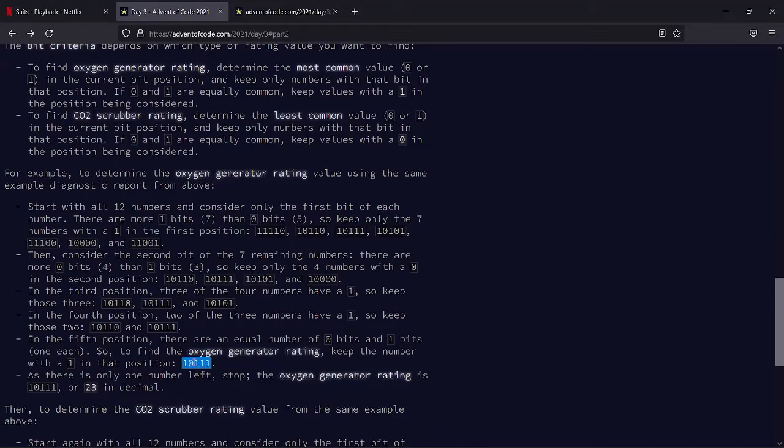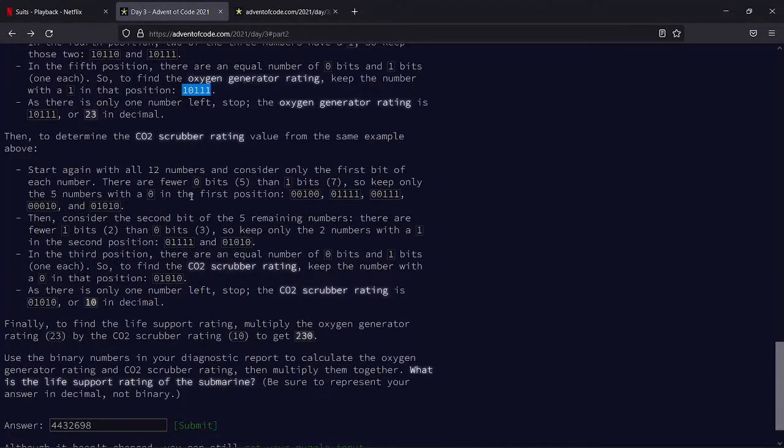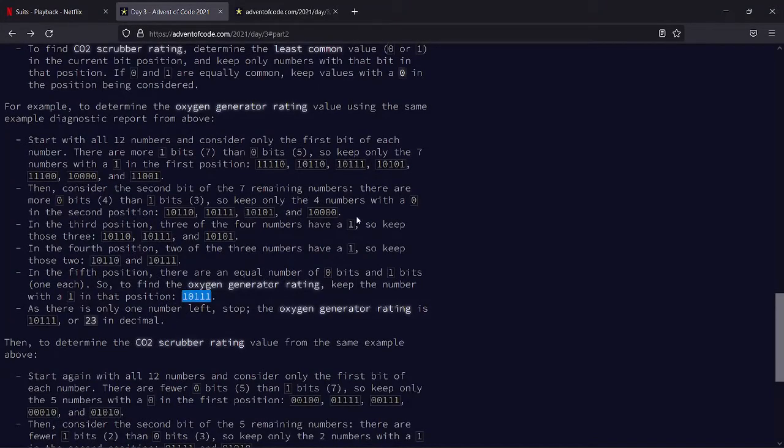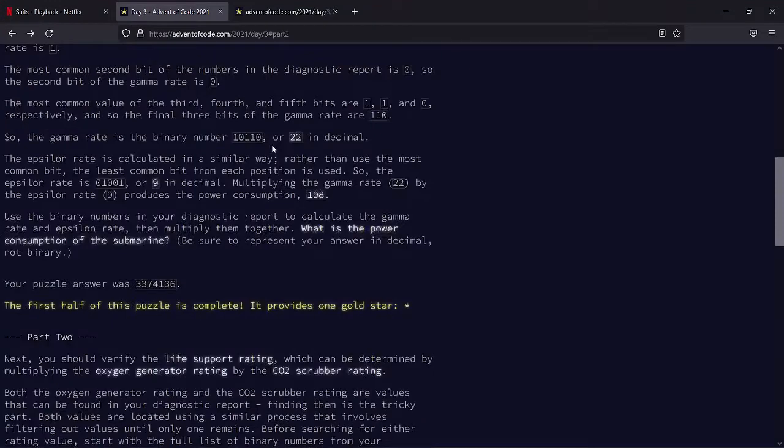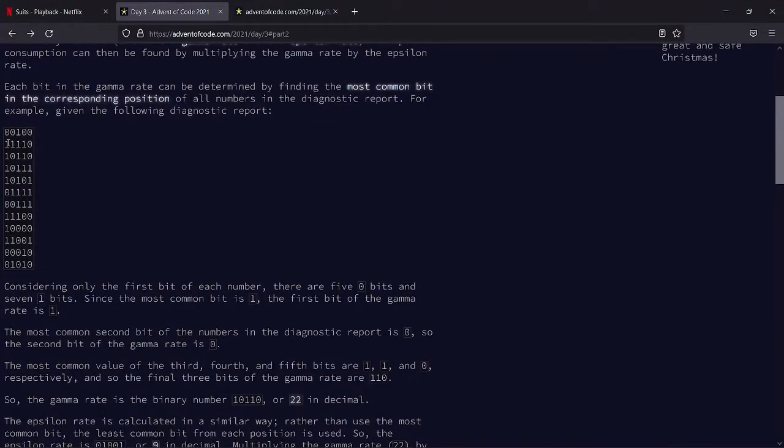Similarly, for the CO2 scrubber rating, we will do exactly the same thing, except that instead of finding the element with maximum frequency at each index, we will find the element with the minimum frequency at each index. Now, if you think about it, in the 0th index, 1 has more frequency than 0.